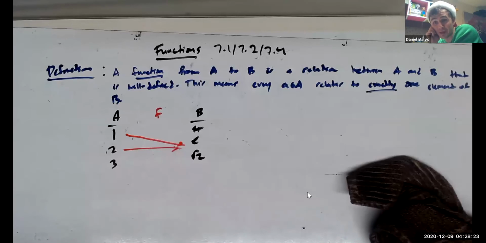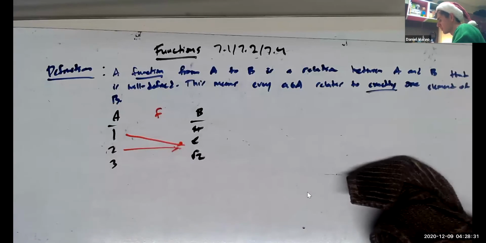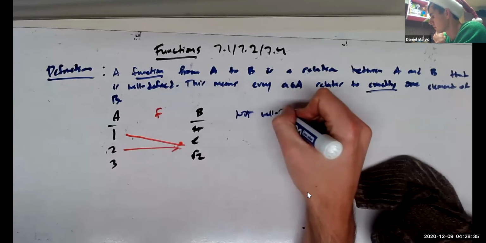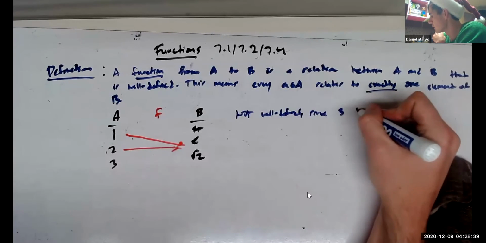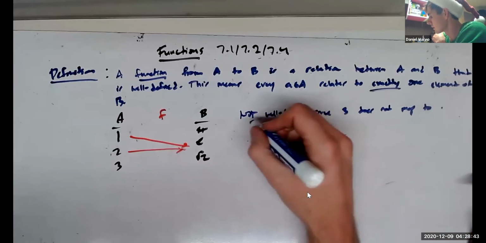I wish we had more time so we could really mull this over, but the answer is no, it's not well defined because 3 doesn't go anywhere, right? So not well defined, since 3 does not map to anything.